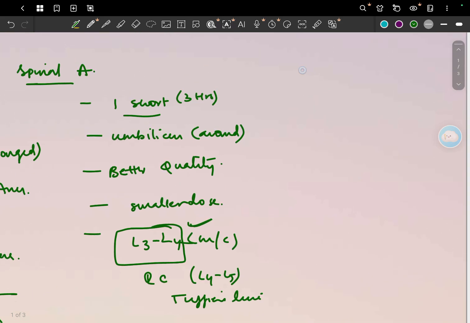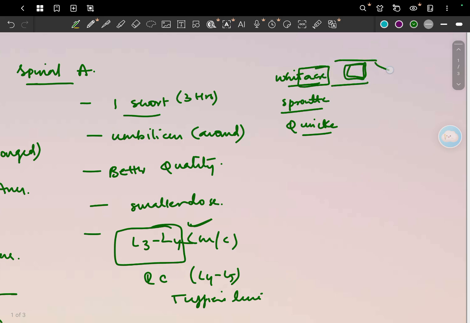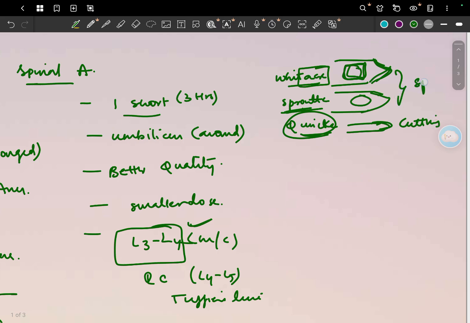We have 3 types, which are Whitacre and Sprotte, then we have Quincke. Whitacre has a square pit like this. Then Sprotte has a circular pit like this. Then Quincke has a beveled end. So Quincke is for dura cutting and these two are for dura splitting. So this is the difference you have to remember.